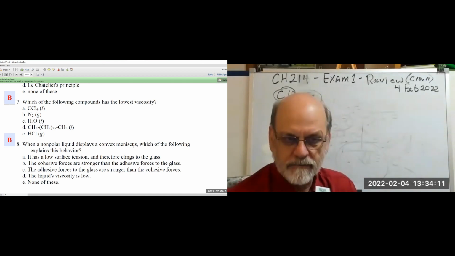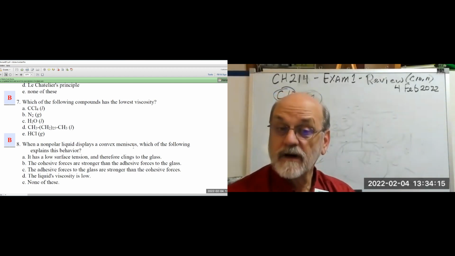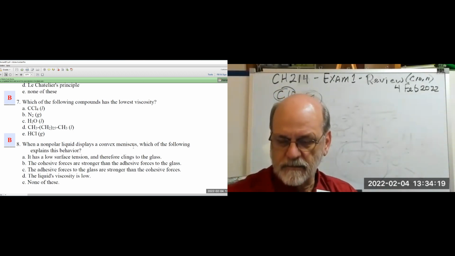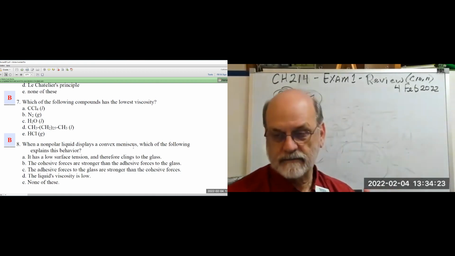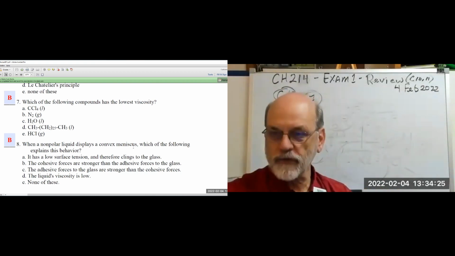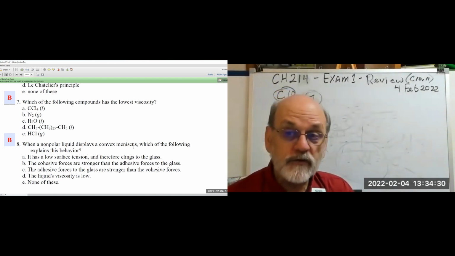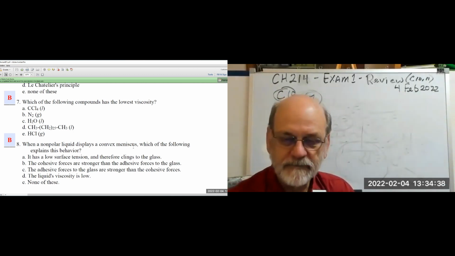Viscosity is a measure of the passage of a liquid through an orifice. So low viscosity means it goes through fast. It's like pouring water through a sieve. High viscosity means it goes through slow. So high viscosity would be like honey trying to get through that sieve.